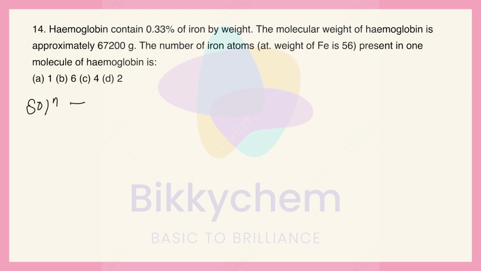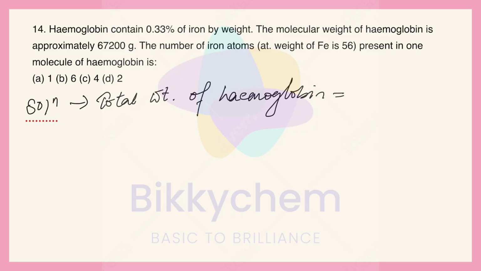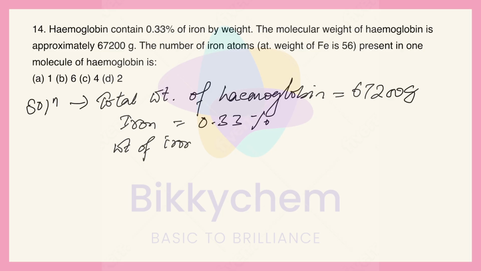Solution will be: total weight of hemoglobin equals to 672,000 gram. Now the iron content is about 0.33%, which means weight of iron is 0.33 out of 100 of 672,000.